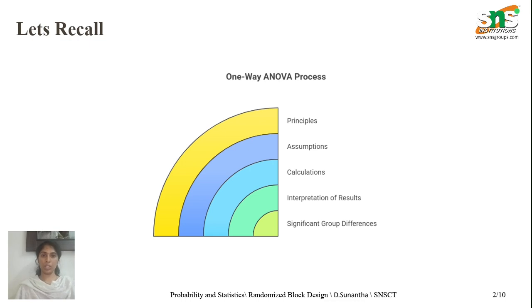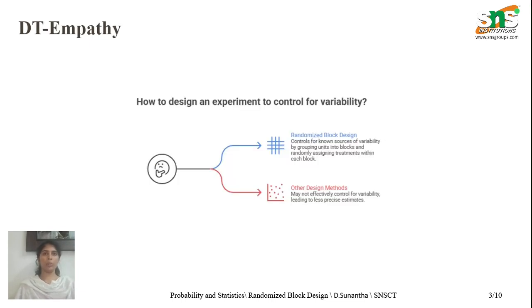Or if machine conditions are differing or student abilities are varying, we can move into the next method, which is randomized block design. These variations in data are called nuisance factors, and they can be used as technically blocking.